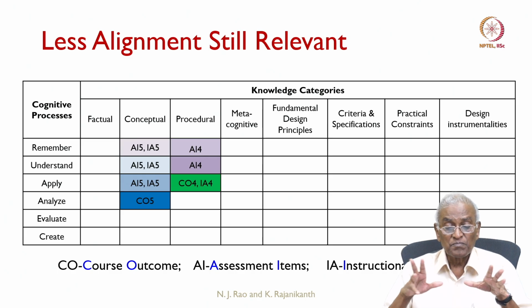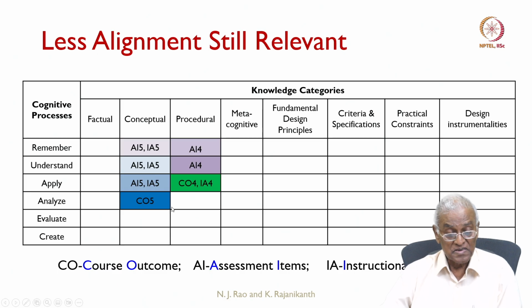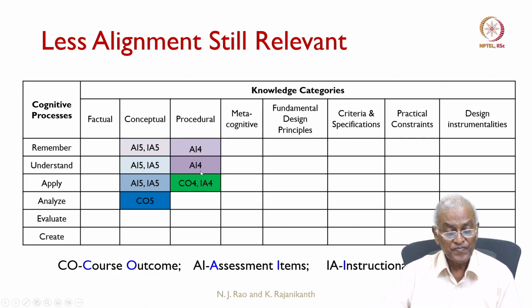So this is a simple artifact that can be used to make sure that you have the right kind of alignment. What may happen is, in the case here, if you take this, I have to put some items, AI4, here also in this cell.